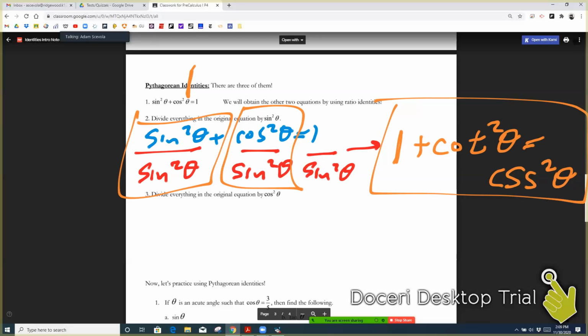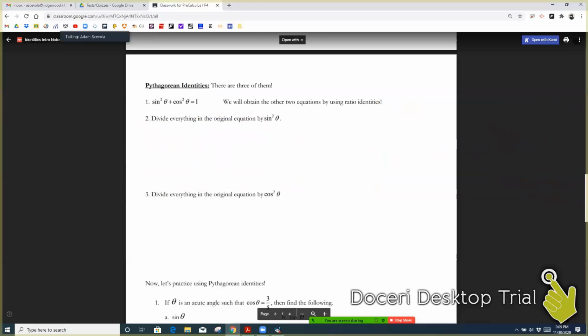Now, if we do it again, but divide everything by cosine squared, we get the other Pythagorean identity. So we got sine squared plus cosine squared is equal to 1, and then divide everything by cosine squared.